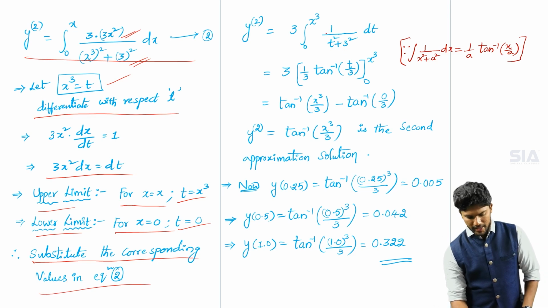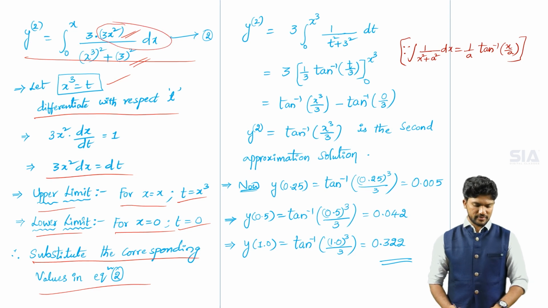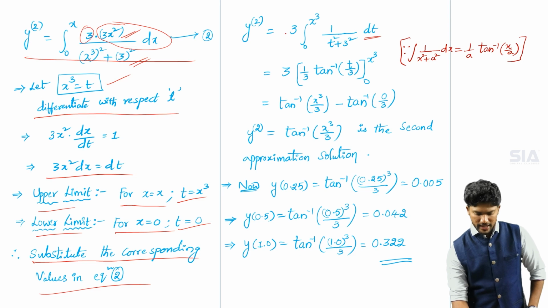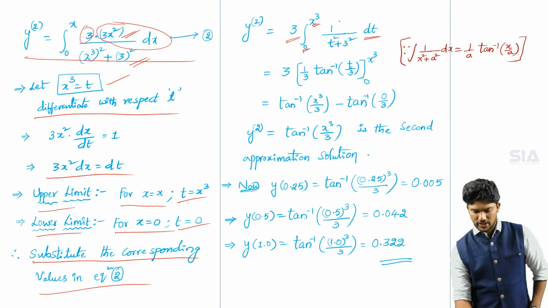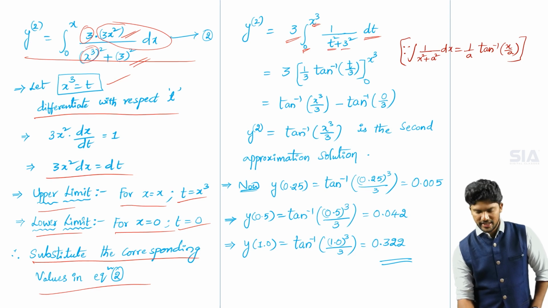Wherever you have 3x square dx, in place of that you can write simply dt, and the 3 we can write as a constant outside, with integration from 0 to x cube of 1 by t square plus 3 square.